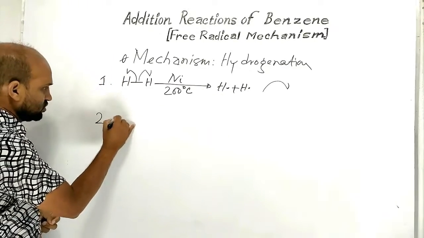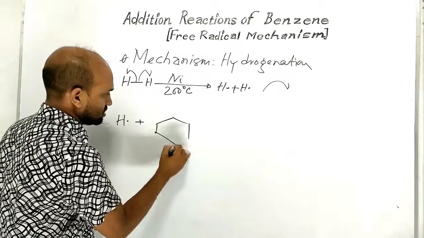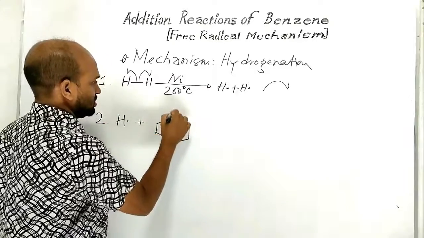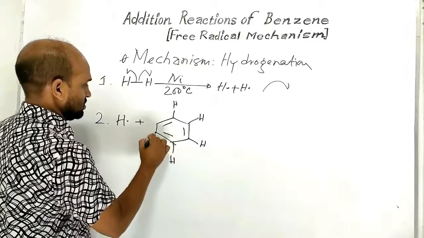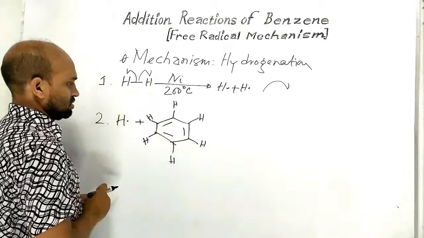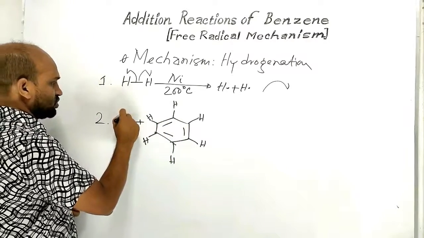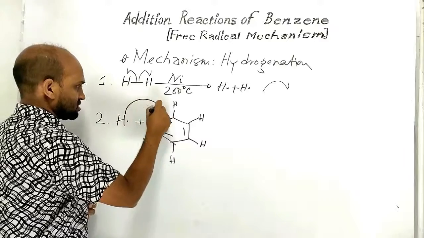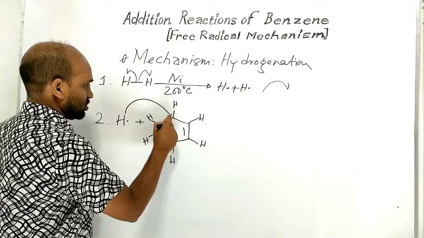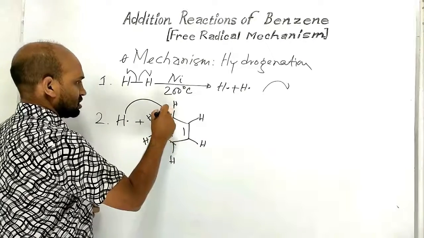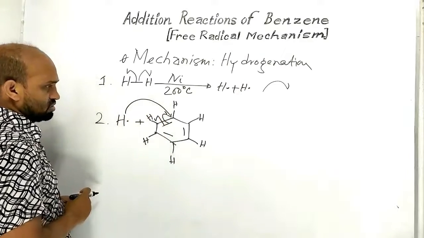Now step 2, this hydrogen free radical combines with any carbon atom of this benzene. Suppose this hydrogen free radical attacks this carbon, then one electron of this double bond comes to this carbon and another electron of this double bond comes to this carbon.